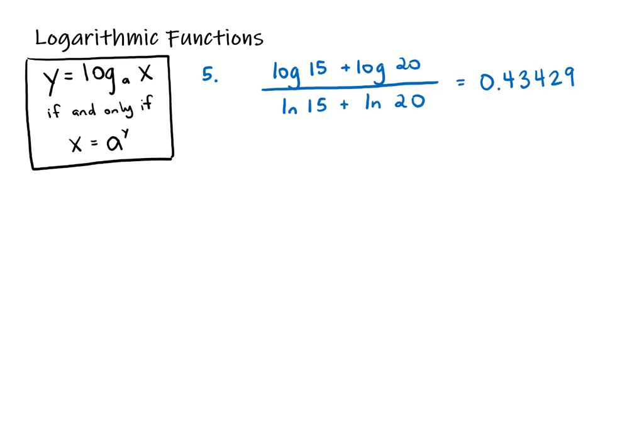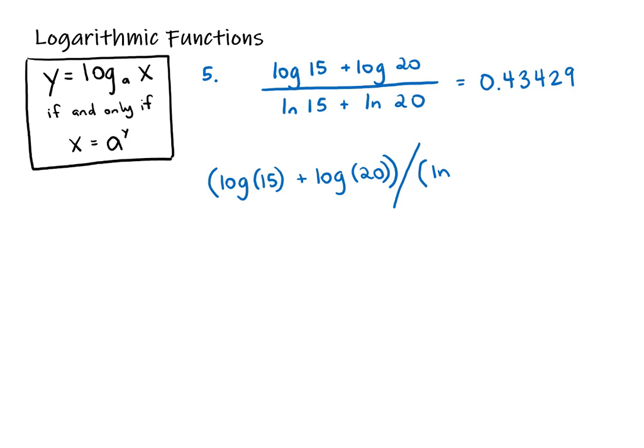And this is what it looks like when I type it in. I need to start off with parentheses, and I put log, and when I use the log button, it has a parentheses in it. I put 15, close my parentheses, say log, once again it opens parentheses, I'll say 20 and close it, and then I need to close my numerator, and then I put a fraction line, and then I put this to open my denominator, so the ln of 15 plus the ln of 20, the whole thing will be in the denominator.